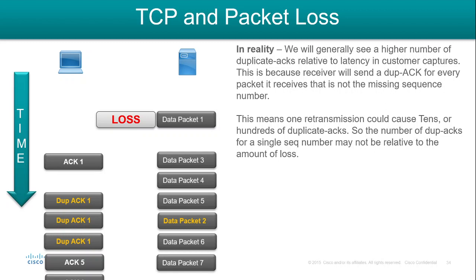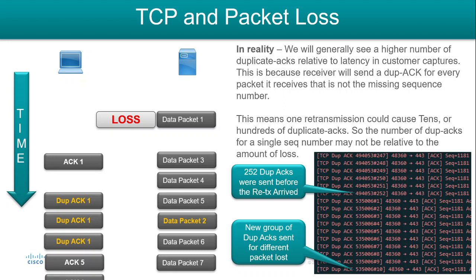If we were to expand this out into the real world, we could typically see tens or hundreds of duplicate acknowledgements, where, again, every time the server gets a packet that is not the one that is missing, it will send a dupe ACK. If there's a lot of latency, that will trigger many duplicate ACKs to be generated.